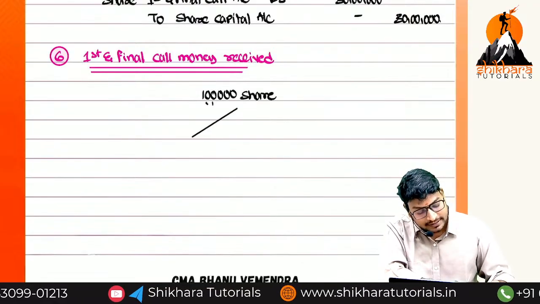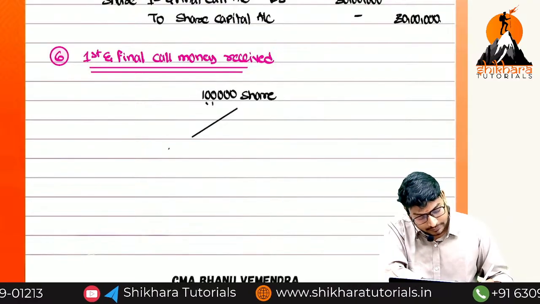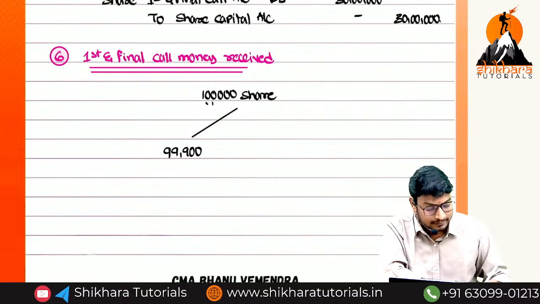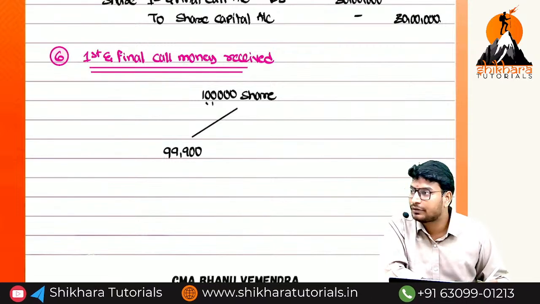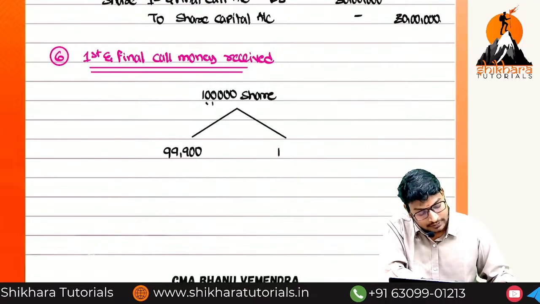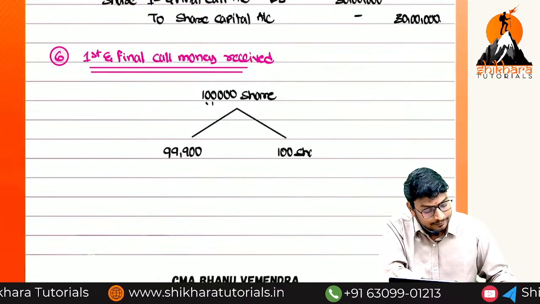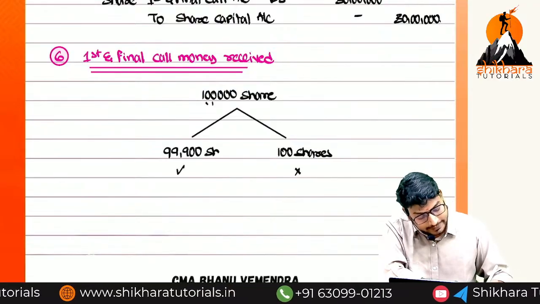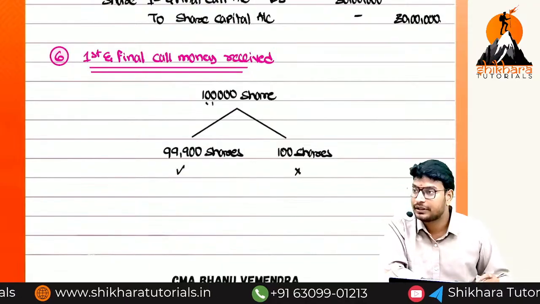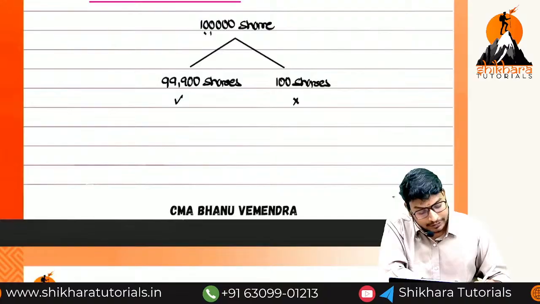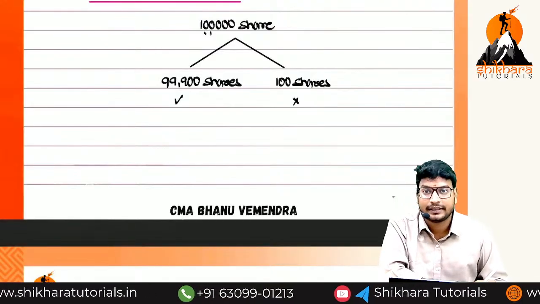On how many shares have we received the amount? On 99,900 shares only. We have not received on 100 shares. So 99,900 shares, we have to multiply by 30 rupees.